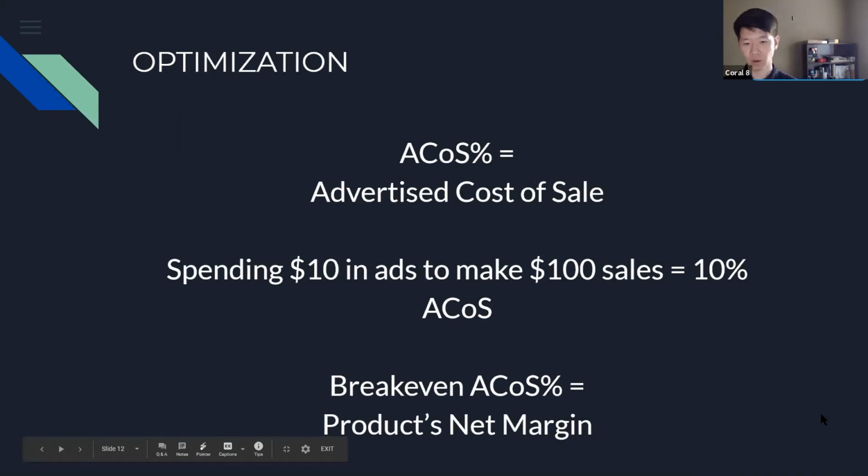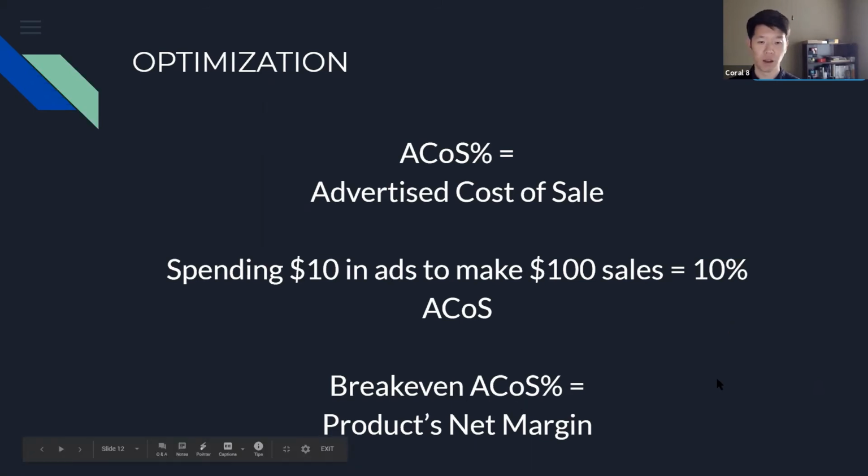Okay, so we're going to go through some optimization terminology. So ACOS percentage talks about advertised cost of sale. If you spend $10 in ads to make $100 in sales, then you have a 10% ACOS.